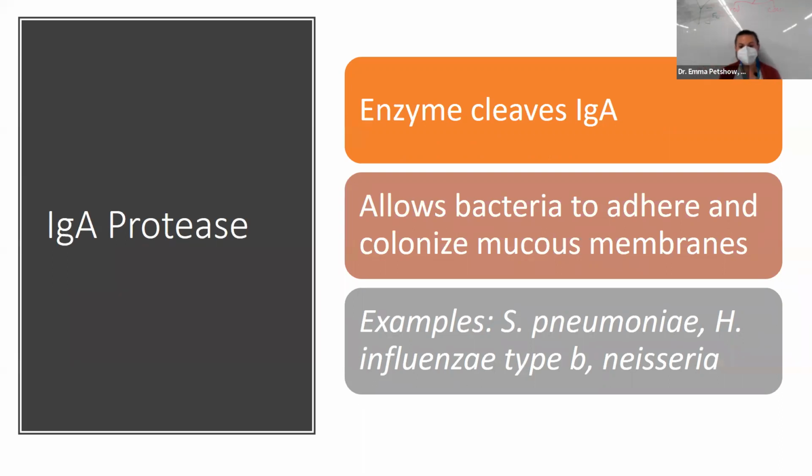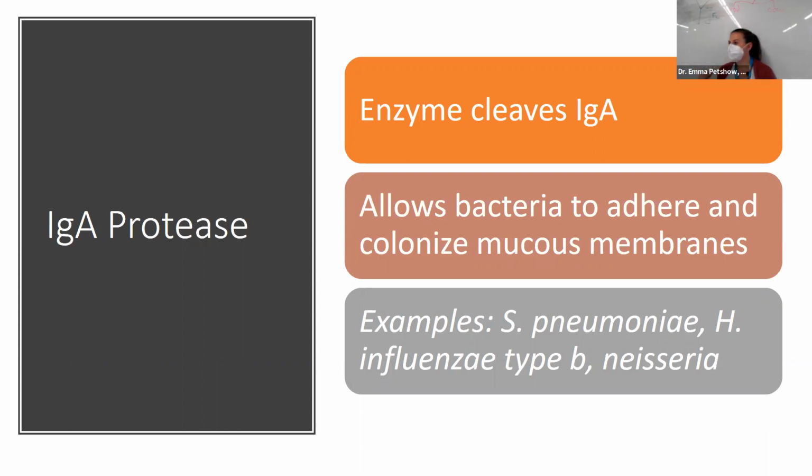IgA protease, this is going to do what it sounds. It's going to cleave IgA antibodies, immunoglobulins. So if it does that, IgA does what? IgA helps prevent bacteria from binding to mucous membranes. So if a bacteria can cleave this, it's going to allow that bacteria then to adhere to and start growing on mucous membranes.